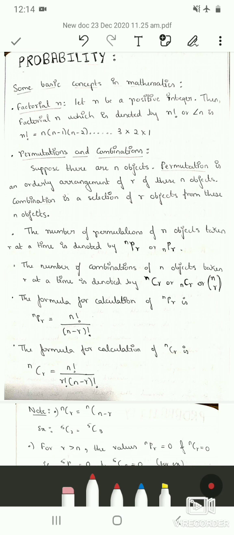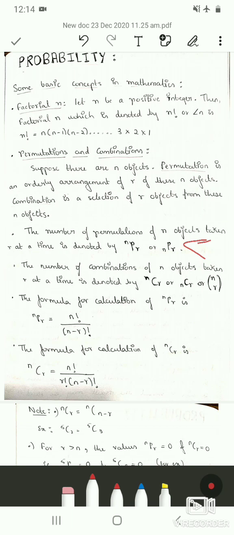The number of permutations of n objects taken r at a time is denoted as nPr. Here capital P, n is the number of objects and r is the number of objects to be selected. It can also be written with n and r in the suffix.